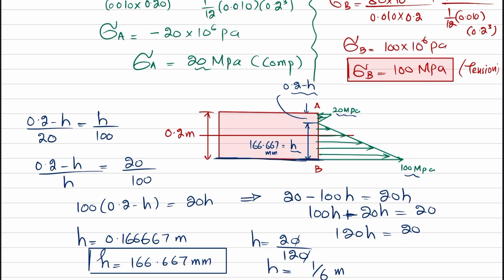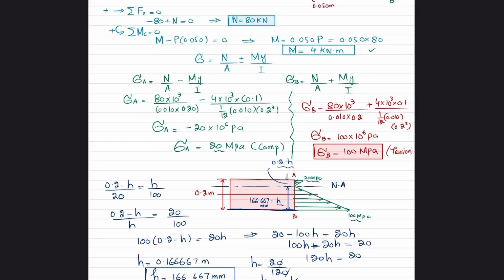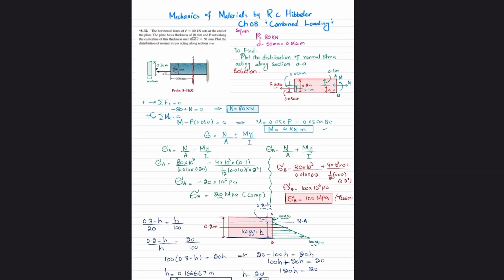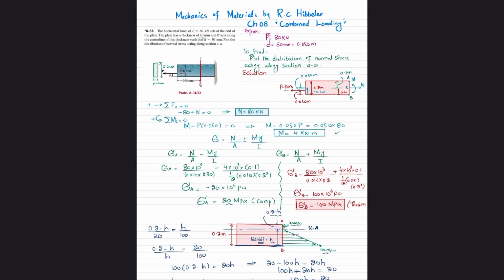When you go from this line to this point, so it will be its neutral axis. Neutral axis for this beam is that where the bending stress will be equal to 0. So this was this stress distribution of normal stresses acting along section AA, and that was all about problem 8-32.